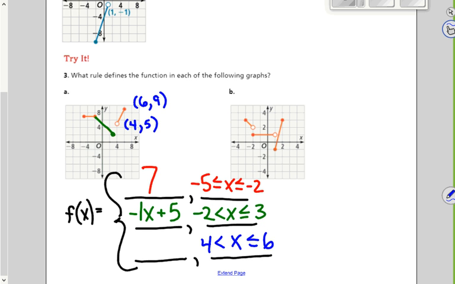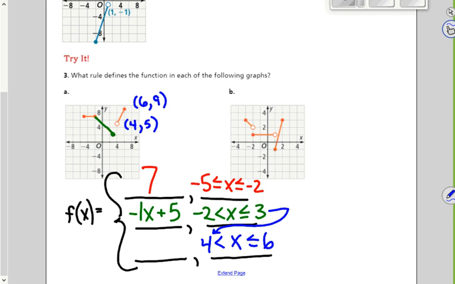Notice there's a little gap here. The domain does not include numbers between 3 and 4. There is a gap between this point and this point. So if I asked you for the domain, it would not go from -5 to 6. It would go from -5 to 3, and then again from 4 to 6. The overall domain would not include numbers between 3 and 4.